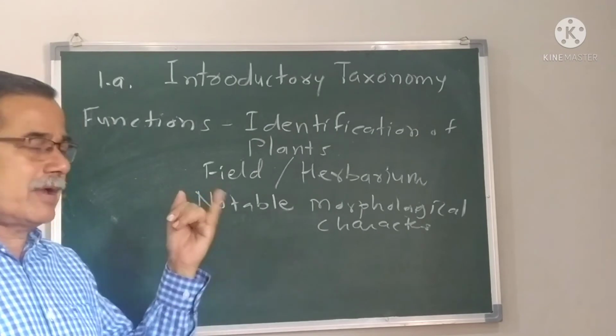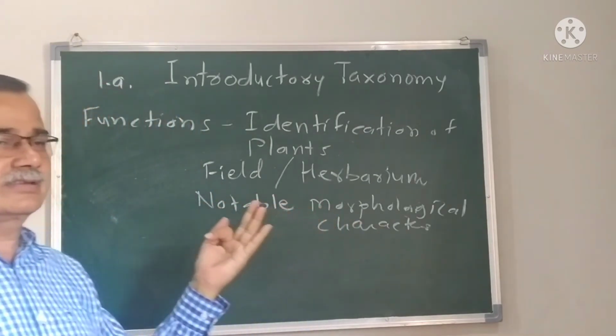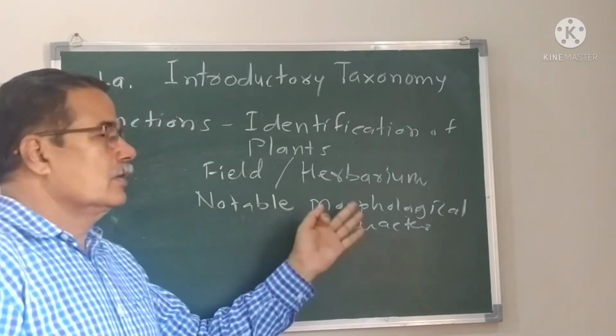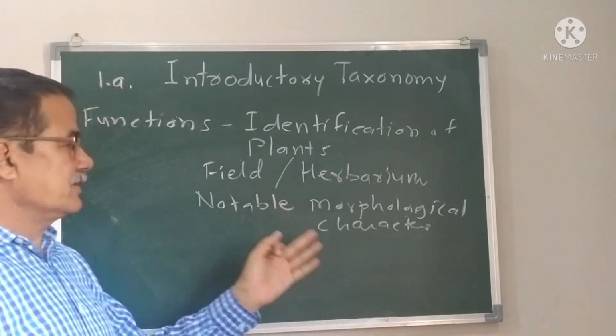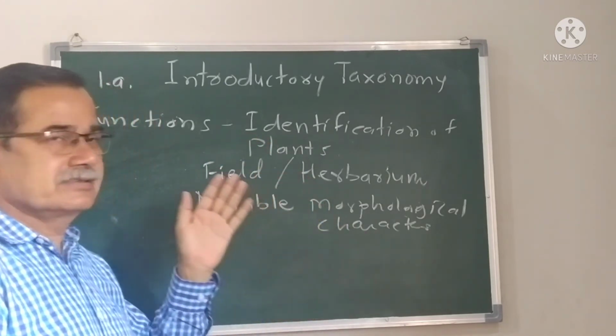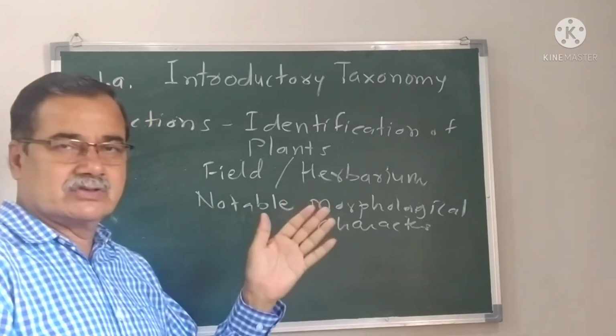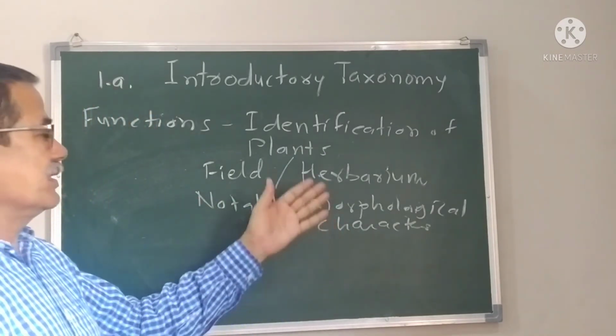Type of roots, type of habit, type of stems, their structure: aerial, erect, branched, cylindrical, quadrangular, herbaceous, solid herb. Leaf: simple, compound, its types, its venation types. Flower: bisexual, unisexual, pentamerous, hexamerous.